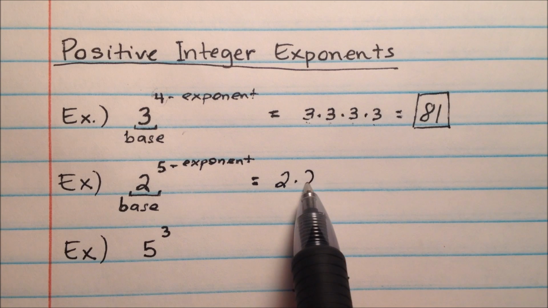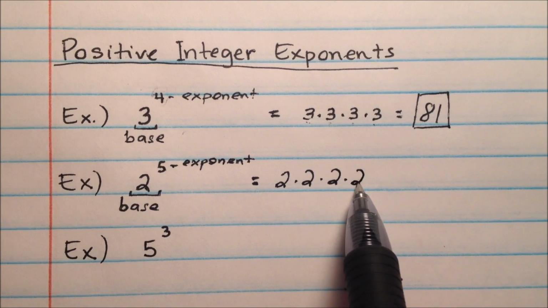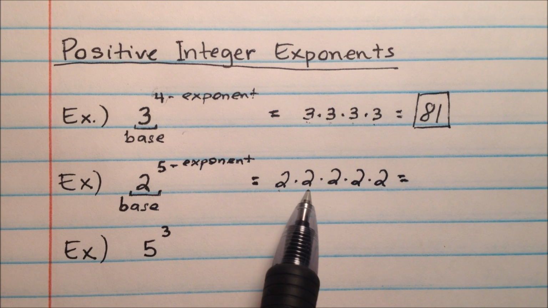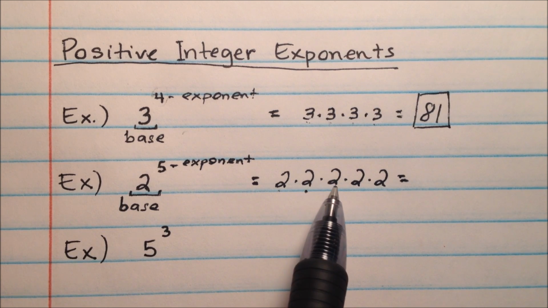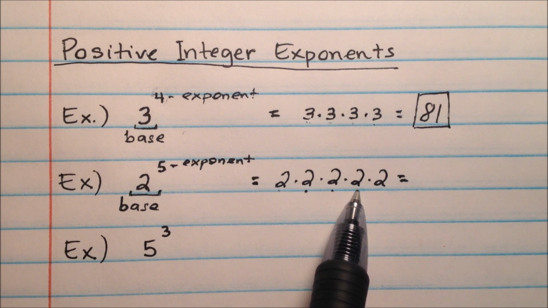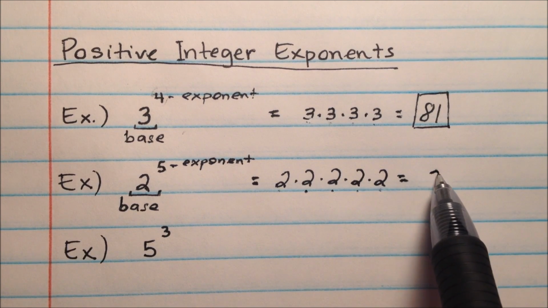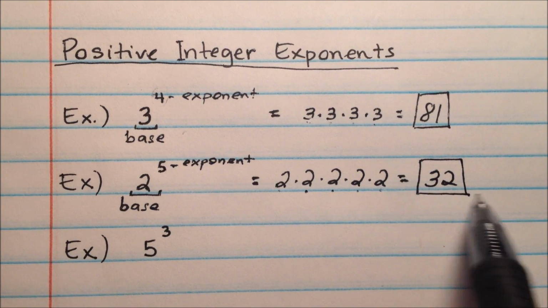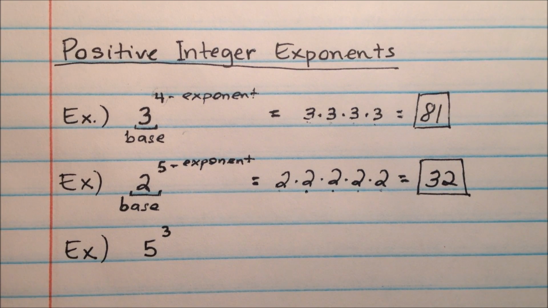So 2 times 2 times 2 times 2 times 2. And let's go one at a time. 2 times 2 is 4. 4 times 2 is 8. 8 times 2 is 16. And 16 times 2 is 32. So we're going to say that 2 to the power of 5 will be 32.